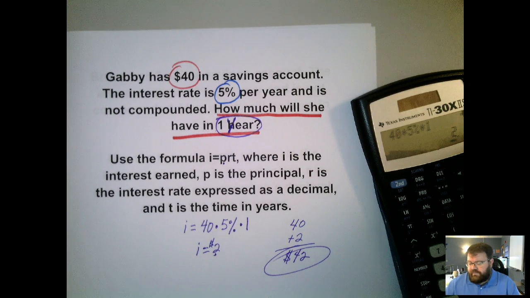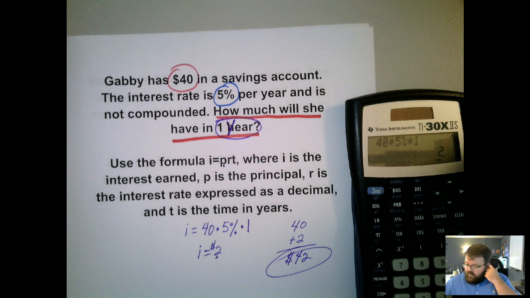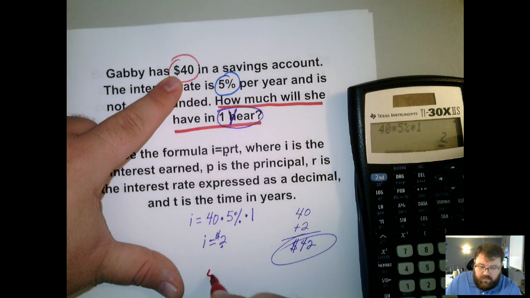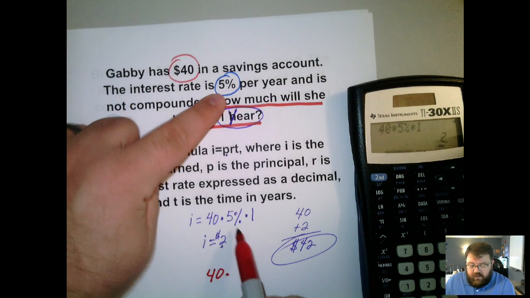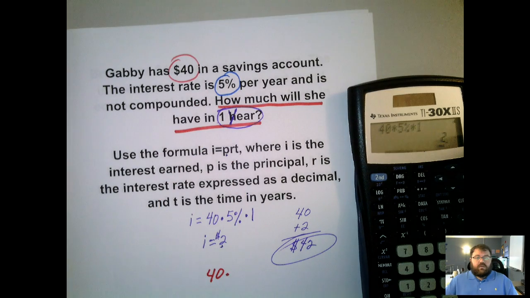Now, let's back up for a second. Some students may not have a calculator, and they may not know how to use the percent button. What you need to understand is that you could do the principal, which is 40, times the percent, or the rate. But if you don't have a percent key, or don't know how to use it, you need to change that to a decimal.